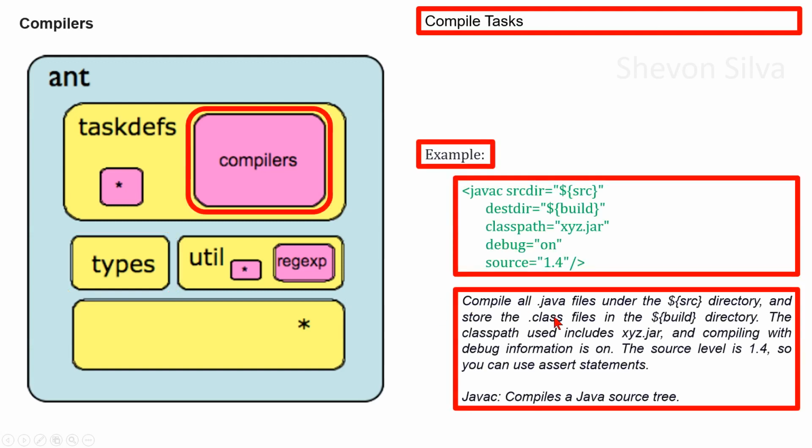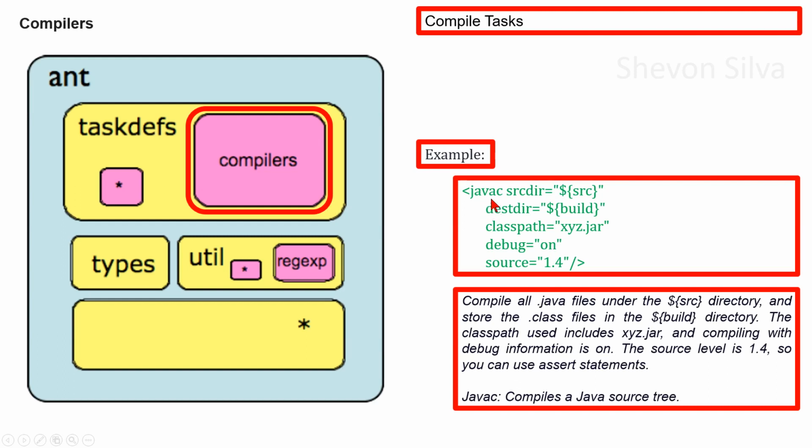As an example, we can consider this: compile all .java files under the directory implied by src here, and store the .class files in the directory implied by build here, and the class path used includes xyz.jar, and compiling with debug information is on. The source level is 1.4, so you can use assert statements here.